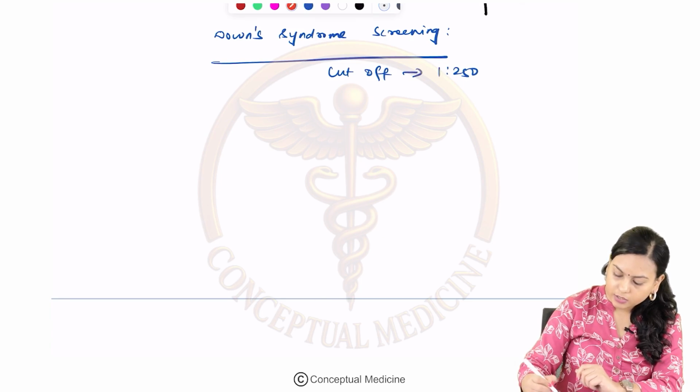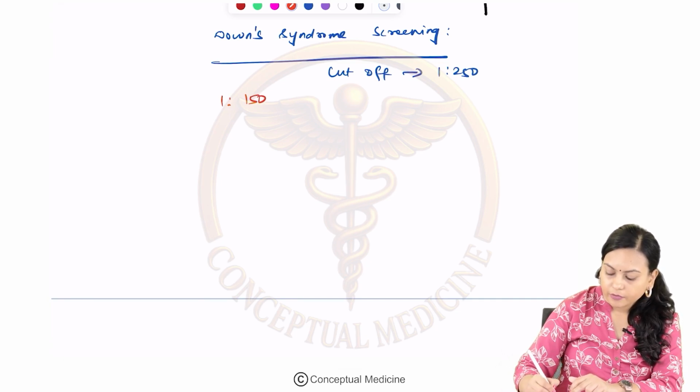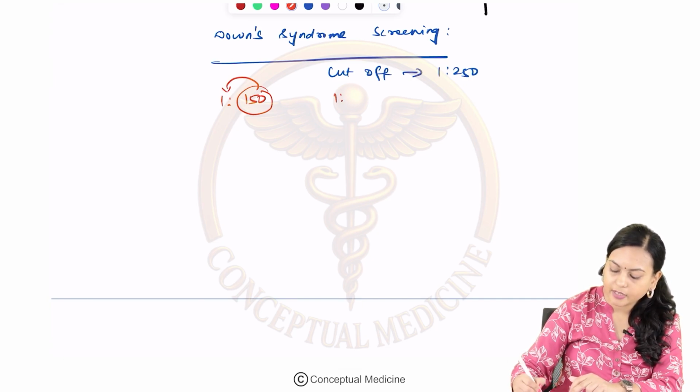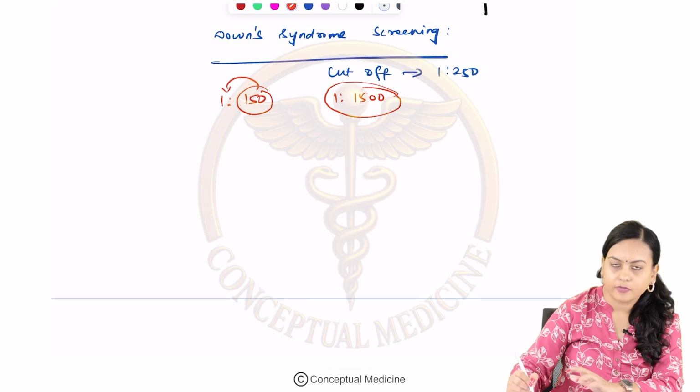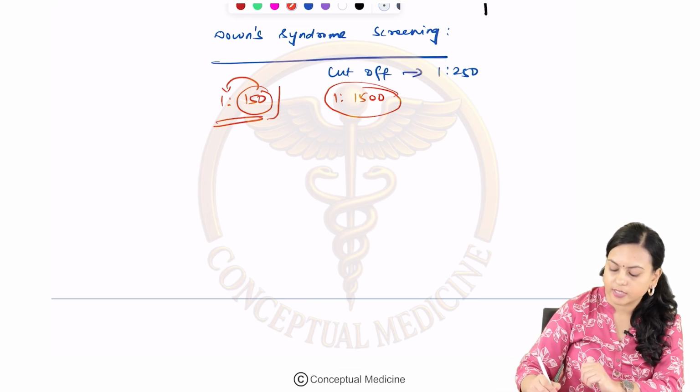If there is a cutoff like 1:150, that means for every 150 persons, the risk is 1. And for another patient I get a cutoff of 1:5500. In which is the risk more? Yes, the risk is more in the first case.